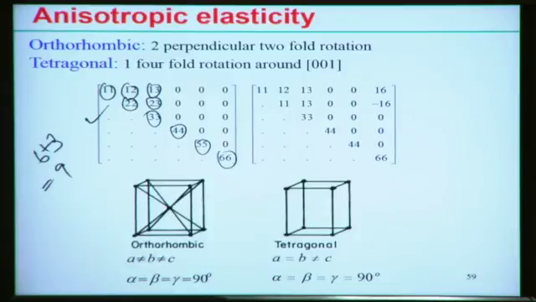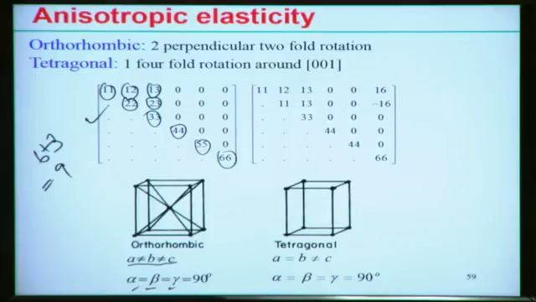Before shifting to that, if we look into the orthorhombic structure, the typical orthorhombic structure is a not equal to b not equal to c, but the angles alpha, beta and gamma are all 90 degree.